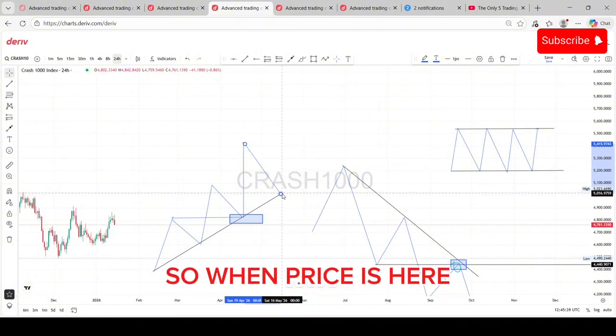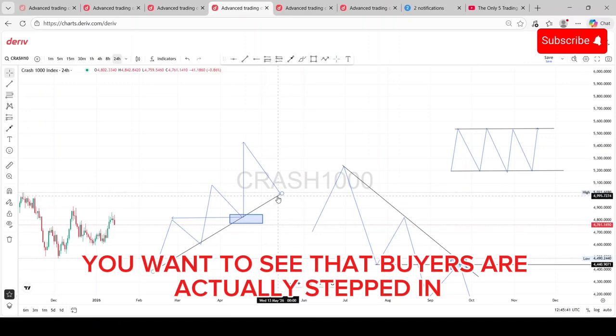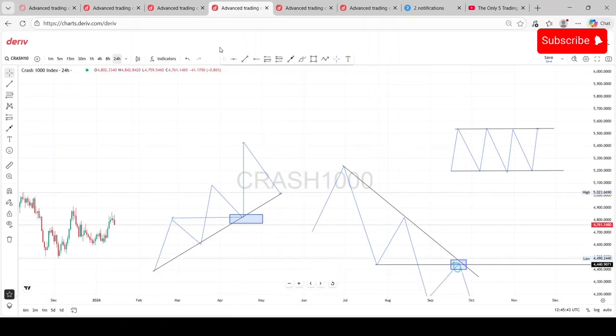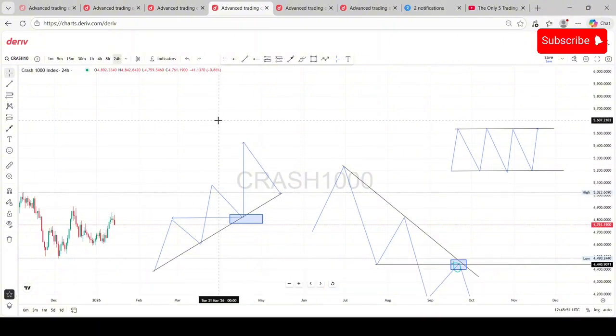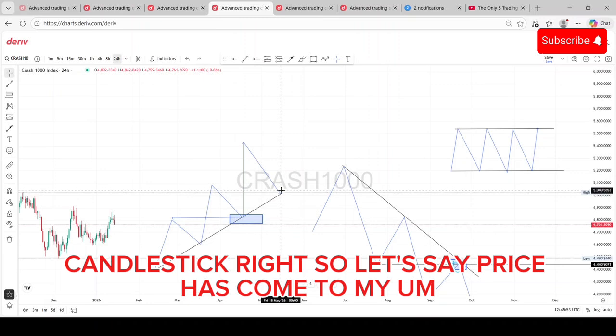So when price is here, you want to see that buyers have actually stepped in, and you want to see a closing price that closes above the previous candlestick, right?